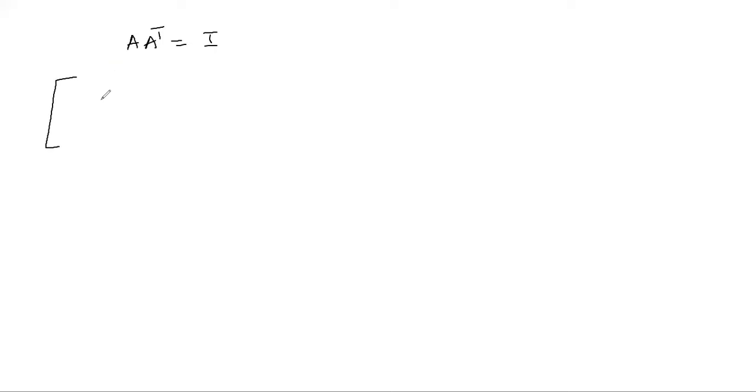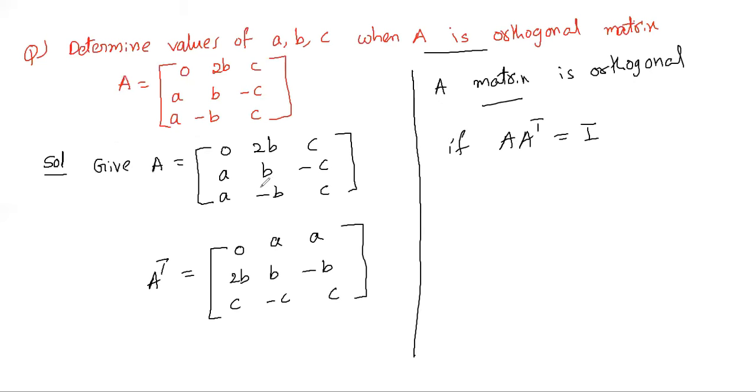A matrix is [0, 2b, c; a, b, -c; a, -b, c]. This is the matrix. Next, A transpose.